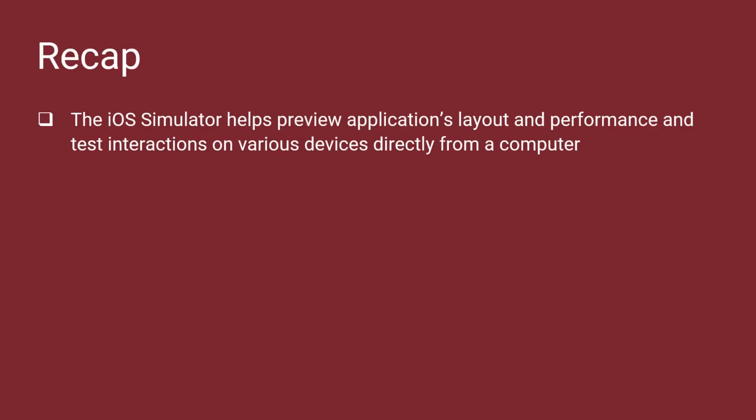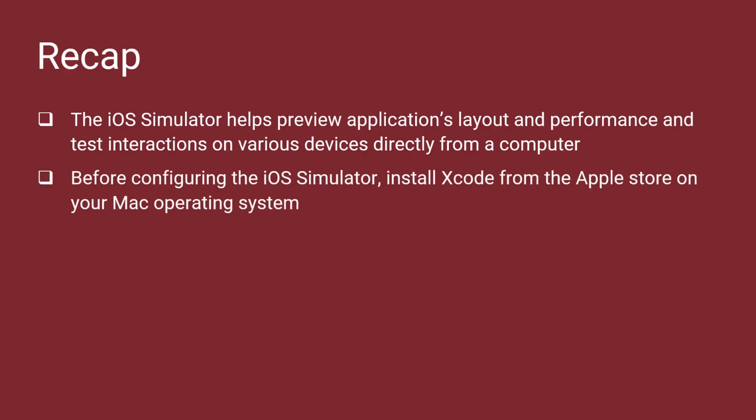In this video, you learned that the iOS simulator helps you preview your application's layout and performance and test interactions on various devices directly from your computer. Before configuring iOS simulator, you first need to install Xcode from the Apple Store on your Mac operating system.